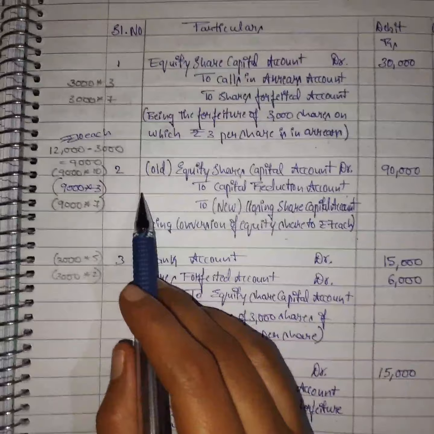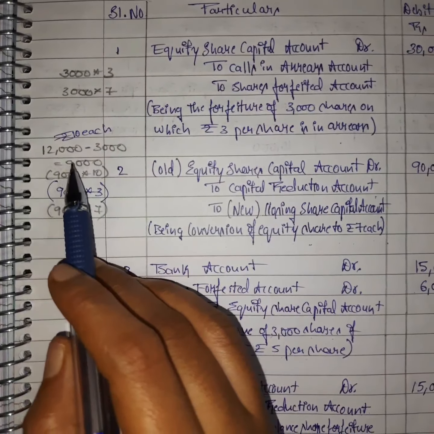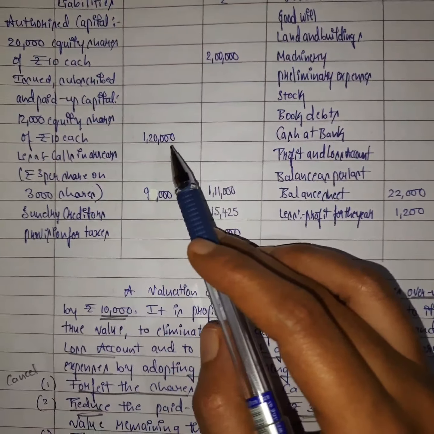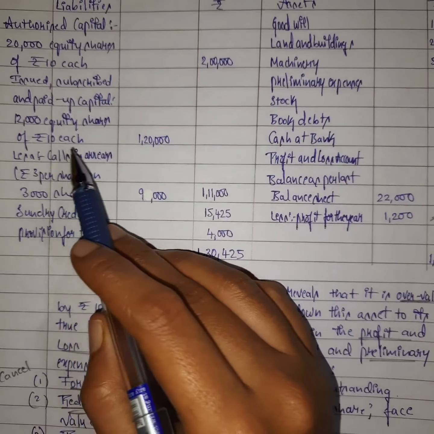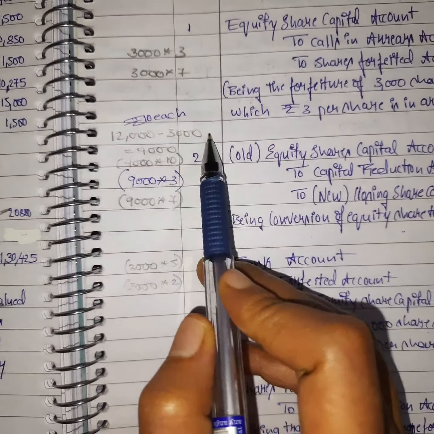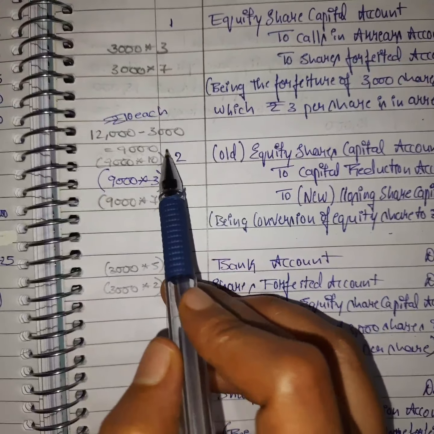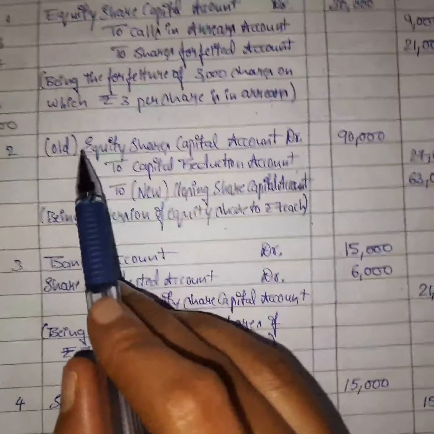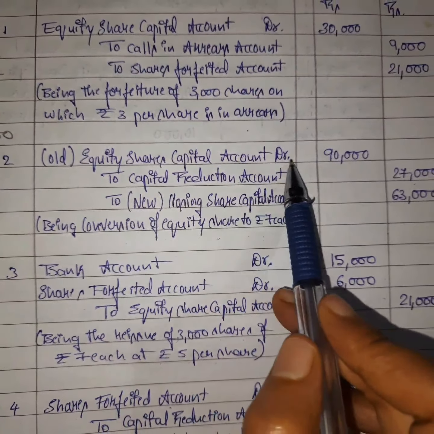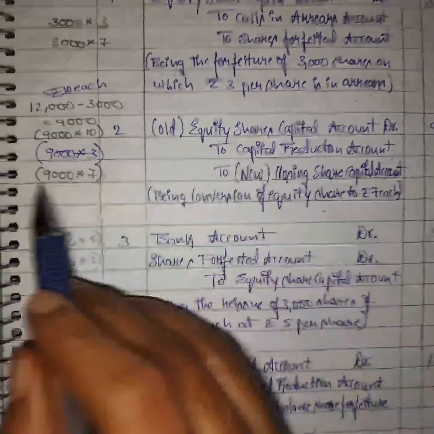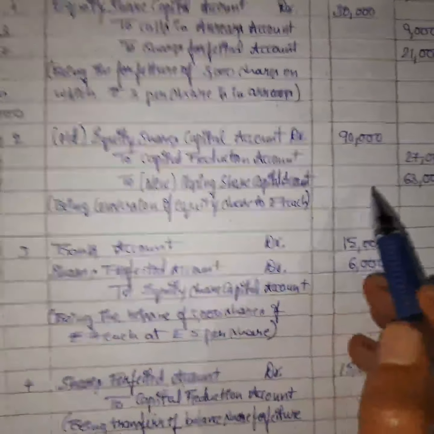Coming to second entry, a total equity share amount is 1,20,000, 12,000 equity shares of rupees 10 each. So 12,000 minus 3,000, 9,000 shares into 10 each means old equity share capital account debit 90,000 to new equity share capital account 9,000 into 7.